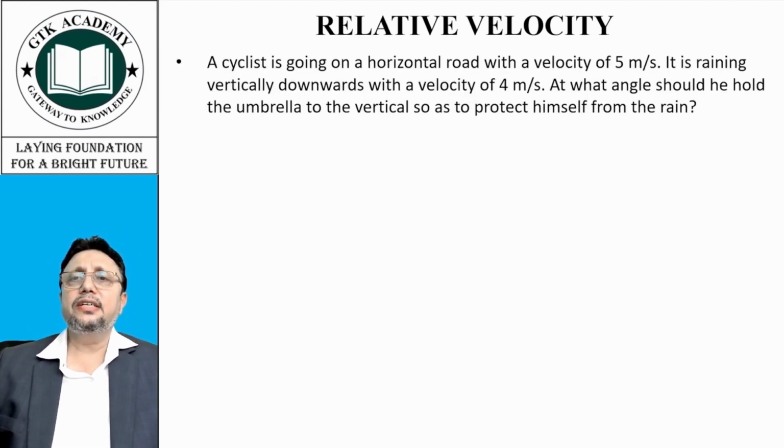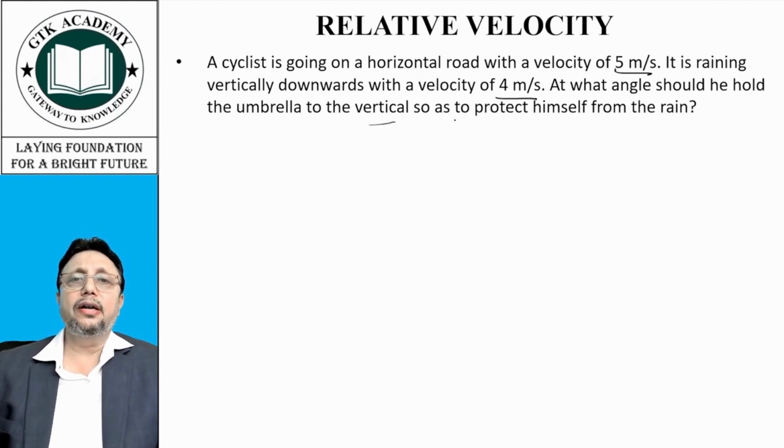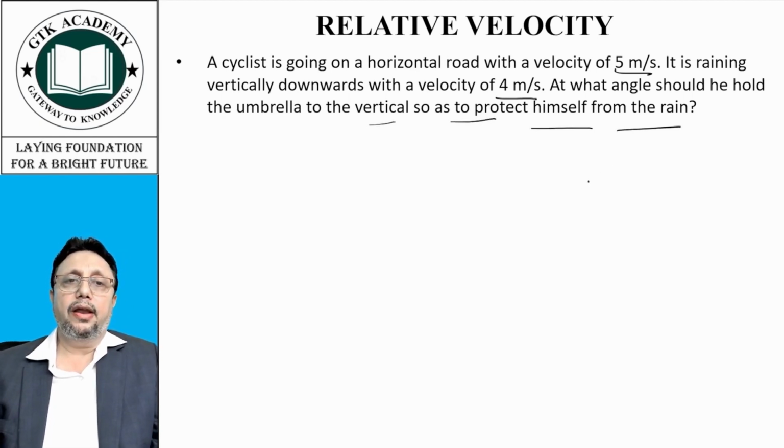The question says the cyclist is going on a horizontal road with a velocity of 5 meter per second and it is raining vertically downwards with a velocity of 4 meter per second. Now, at what angle should he hold the umbrella to the vertical so as to protect himself from the rain? Now, rain is falling vertically like this.